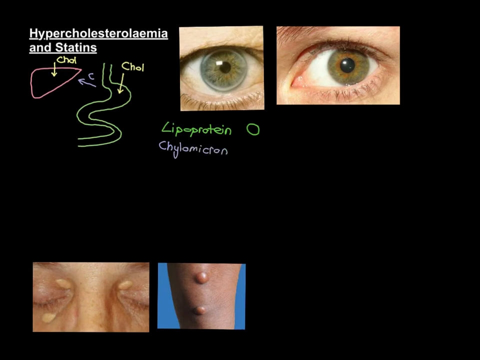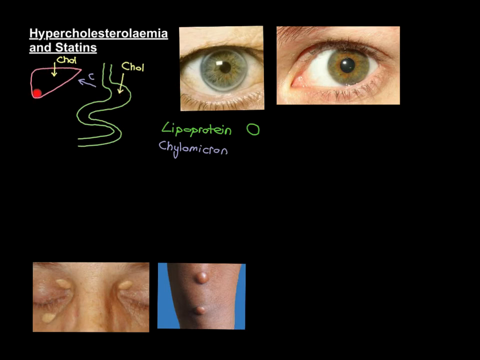So a chylomicron is a specific type of lipoprotein, and its purpose is to transport lipid molecules that have been absorbed in the gastrointestinal tract from the gastrointestinal tract into the portal venous system and then to the liver. And cholesterol is one of the lipid molecules that is going to be transported by chylomicrons.